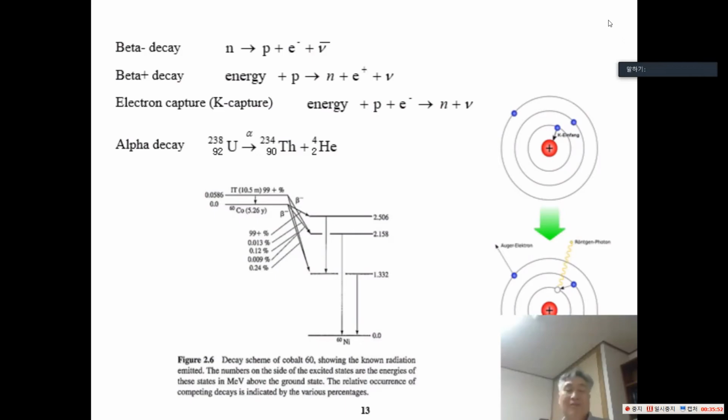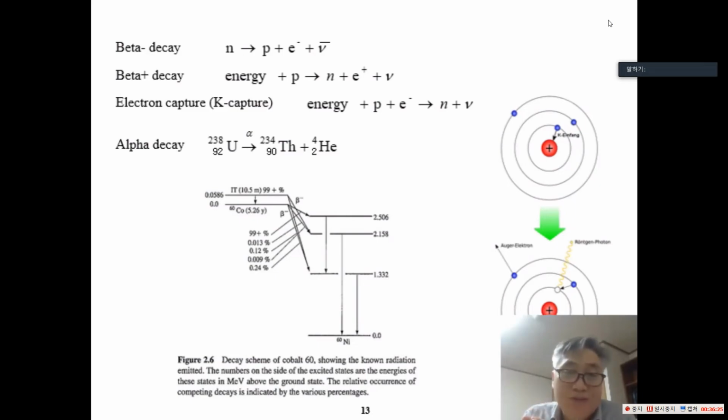And beta minus decay means an element emits an electron. That means the neutron becomes a proton after emitting the electron. So when an element undergoes beta decay, a neutron is changed to a proton.